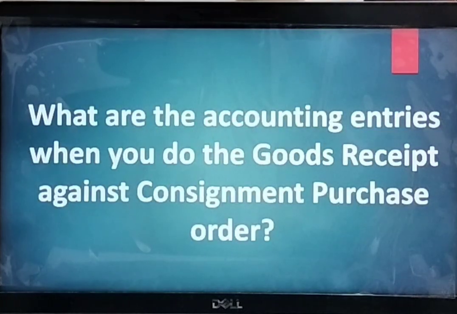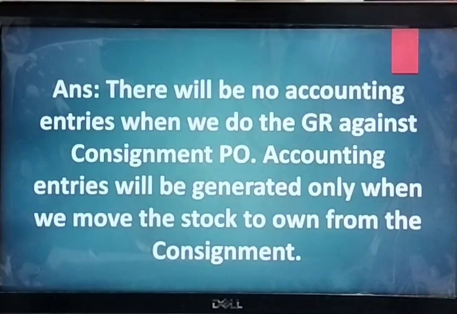Okay, one more question is there. What are the accounting entries when you do the GR against the consignment PO? The accounting entries for consignment: there will be no accounting entries when you do the GR against the consignment PO. The accounting entries will be generated only when you move the stock from consignment to own stock. That is 411K.